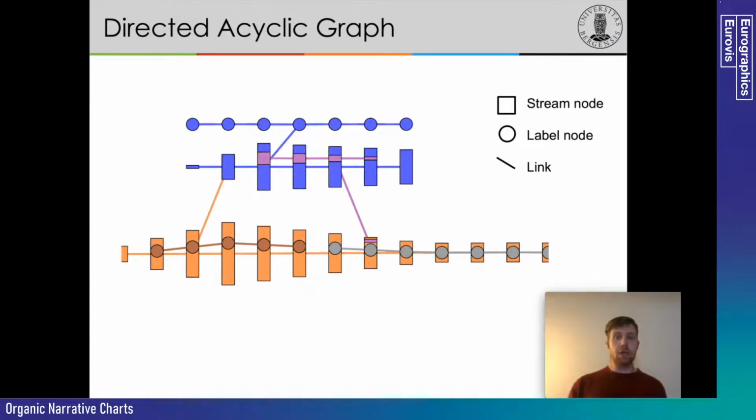We also have round label nodes, and we have as many of them as we need to display the text on the visualization. We see that nodes can be nested, like the purple one inside the blue, and there are additional links that connect, for example, the orange links with the blue one, which creates a split here, as well as here a split of the purple nodes.